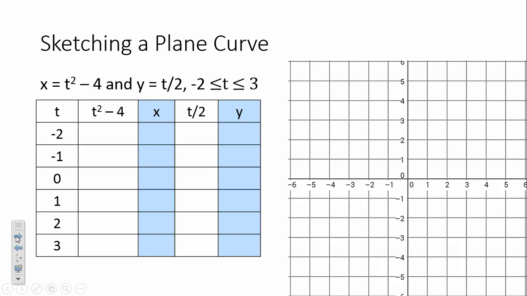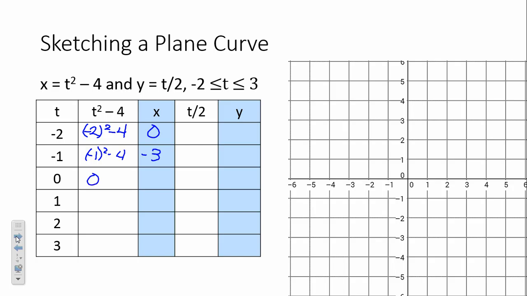So table of x and y values. When t is negative 2, we plug negative 2 in for t in our first equation that involves x. So we're taking a negative 2 and squaring it, and we're subtracting 4. What's negative 2 squared minus 4? 0. When we plug negative 1 into our x equation, we're going to have negative 1 squared minus 4, which is negative 3.